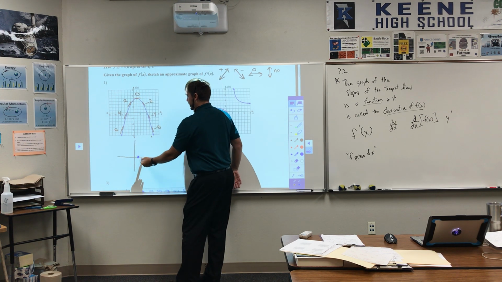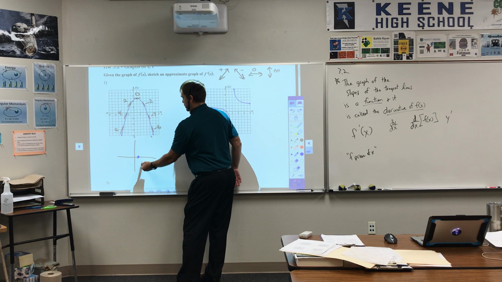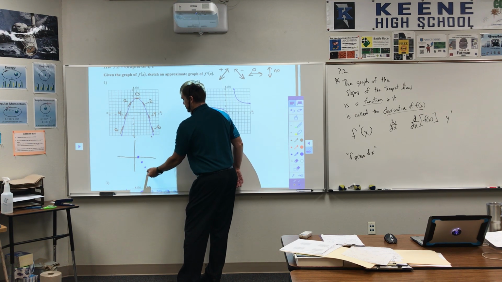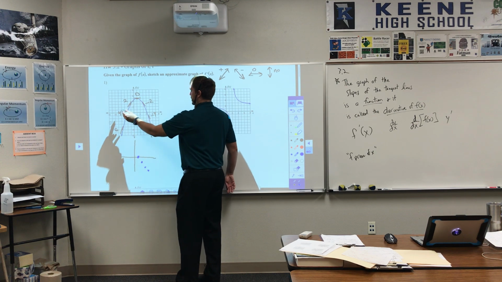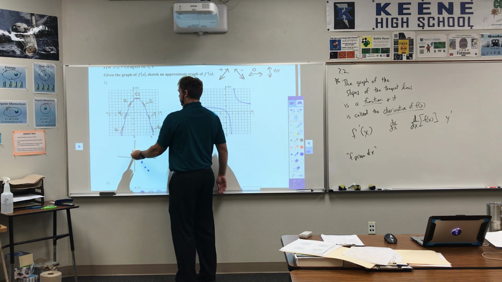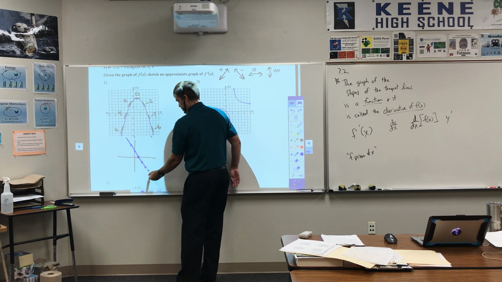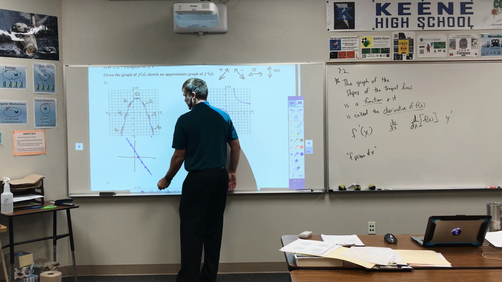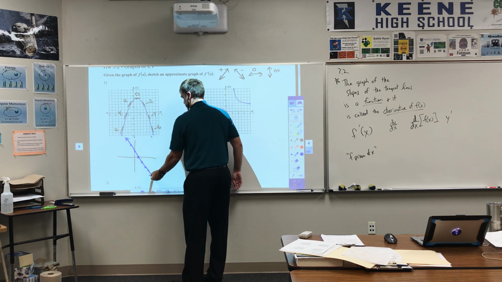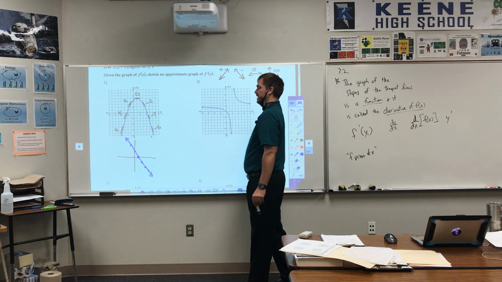So here we're looking at like a -2 on our y value, a -4, a -6. Kicking over to the left here, we see like a +2, +4, +6. We should have something kind of like that.